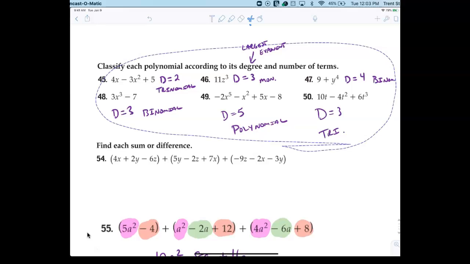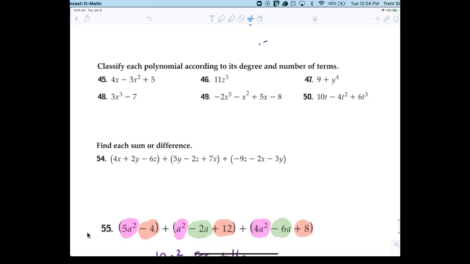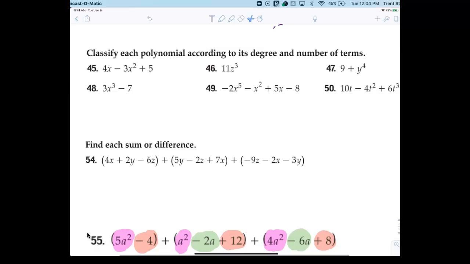So everybody write on your paper 45 through 50. 45, 46, 47, 48, 49, 50. We'll just do those real quick. 45 is called a what, with the degree of?